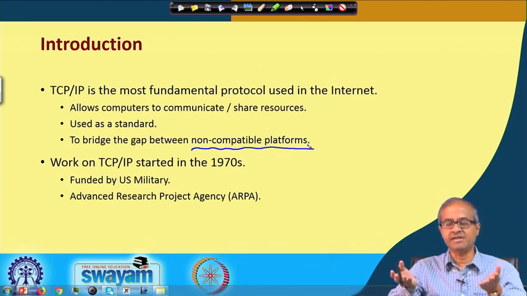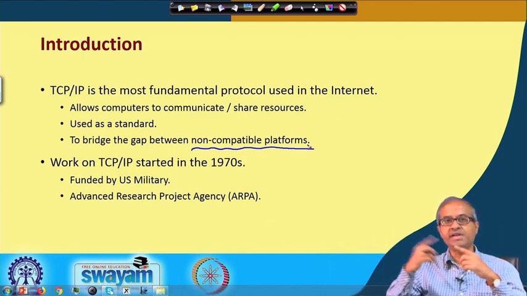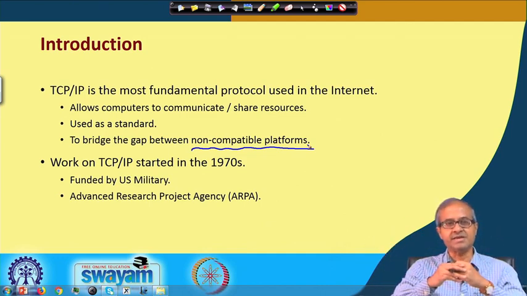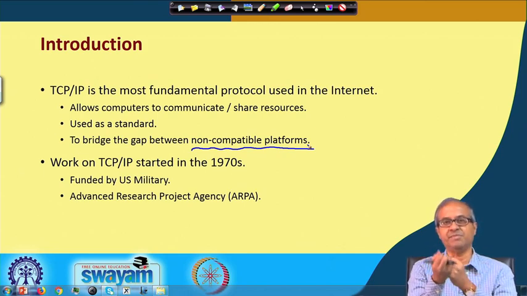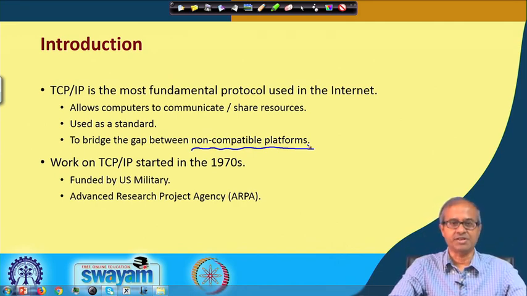You have Ethernet, you can have ATM, you can have so many other kinds of networks. Talking about wide area networks, there are also so many standards. So, there are various alternatives and options available at every step. So, how do you make them work together? It is this TCP IP. TCP IP is the common glue that binds everything together, right.